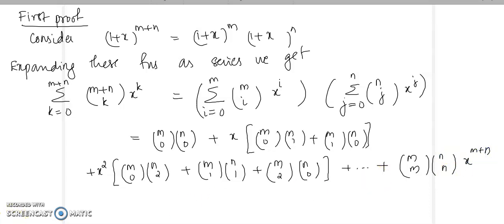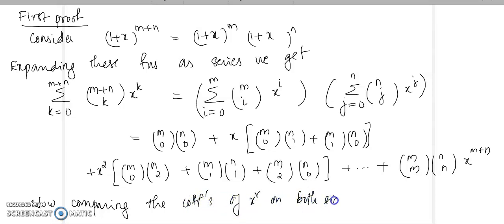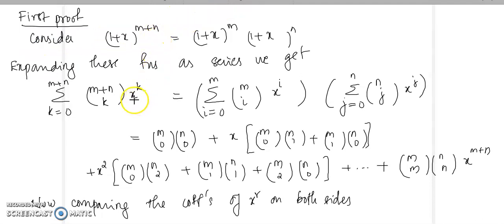And now let us compare the coefficient of x^r on both sides. So comparing the coefficients of x^r on both sides, on the left side the coefficient of x^r is (m+n)Cr.